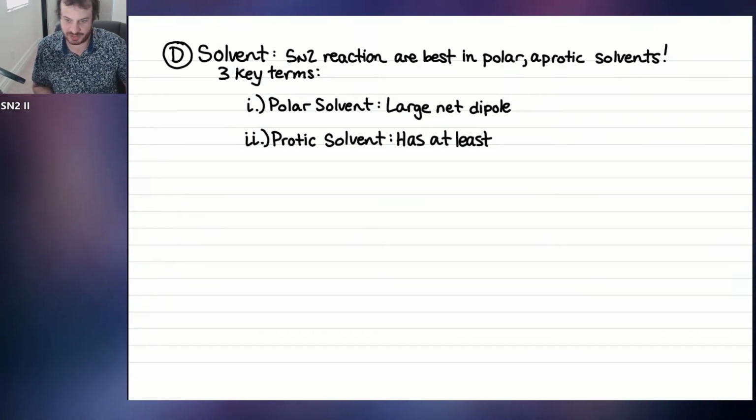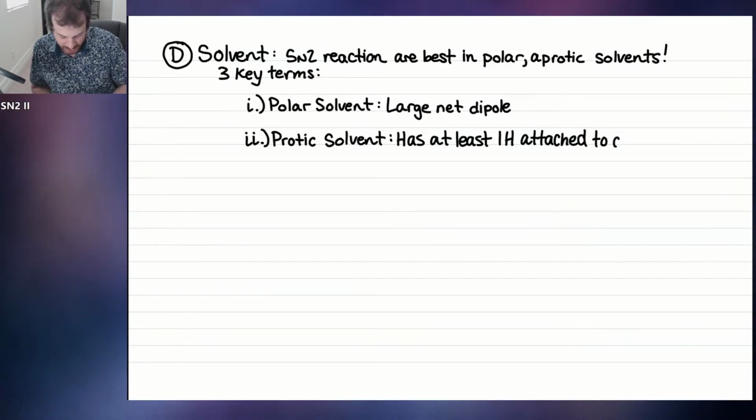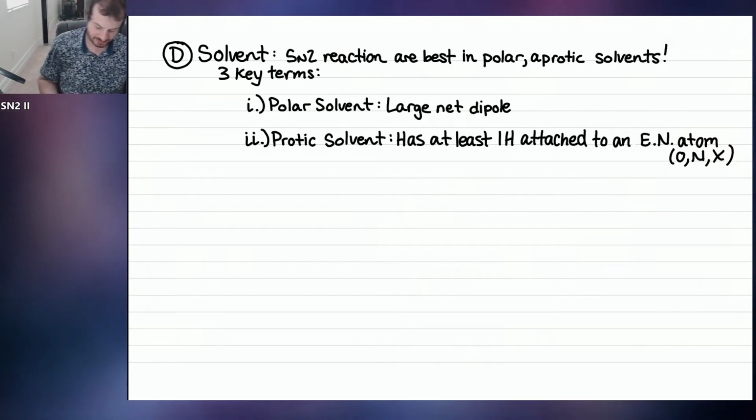So a protic solvent has at least one H attached to an electronegative atom. And that usually ends up being oxygen, nitrogen, or halogen, I guess.